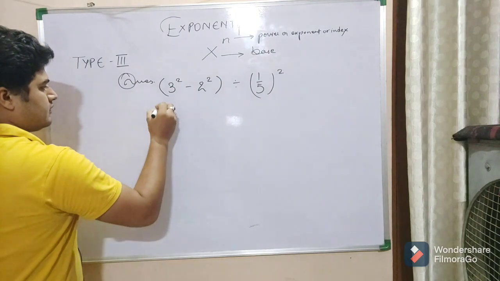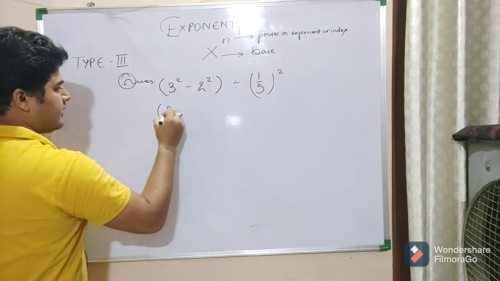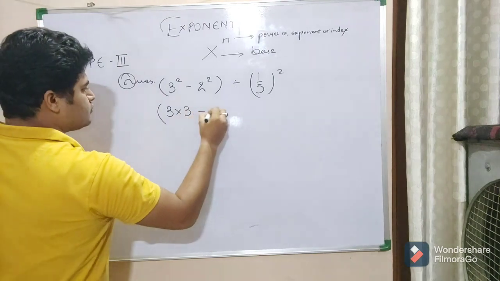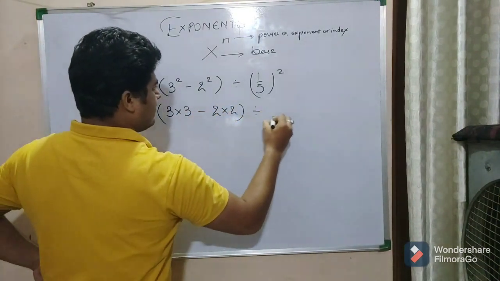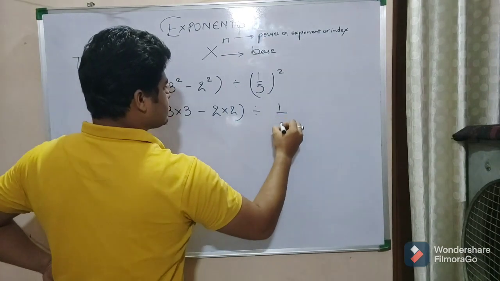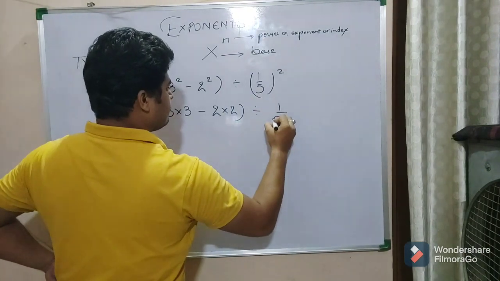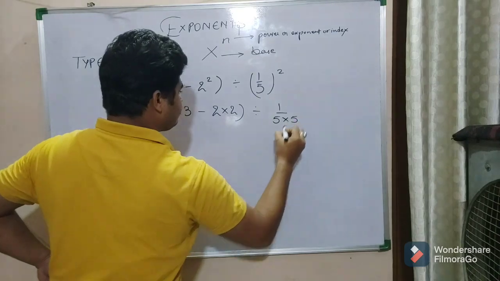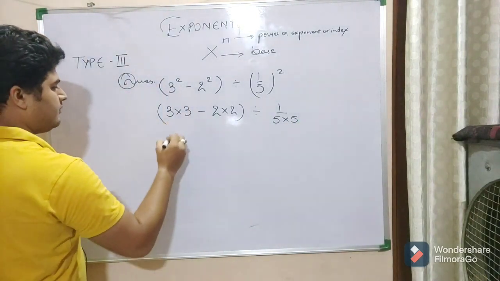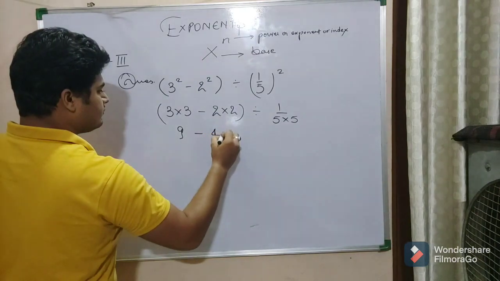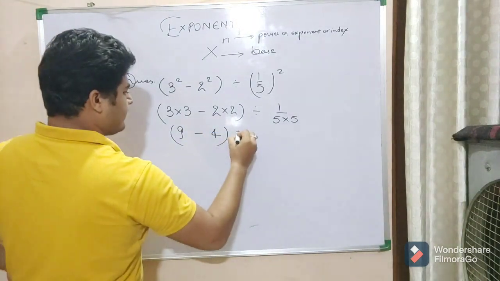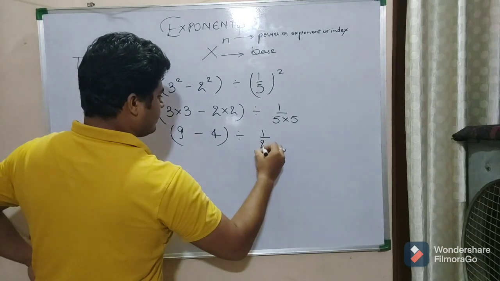So 3 square means 3 multiplied by 3, 2 square means 2 multiplied by 2, divided by (1/5) square, 5 multiplied by 5. So 3 multiplied by 3 will give you 9, 2 multiplied by 2 will give you 4, divided by 1 upon 25.